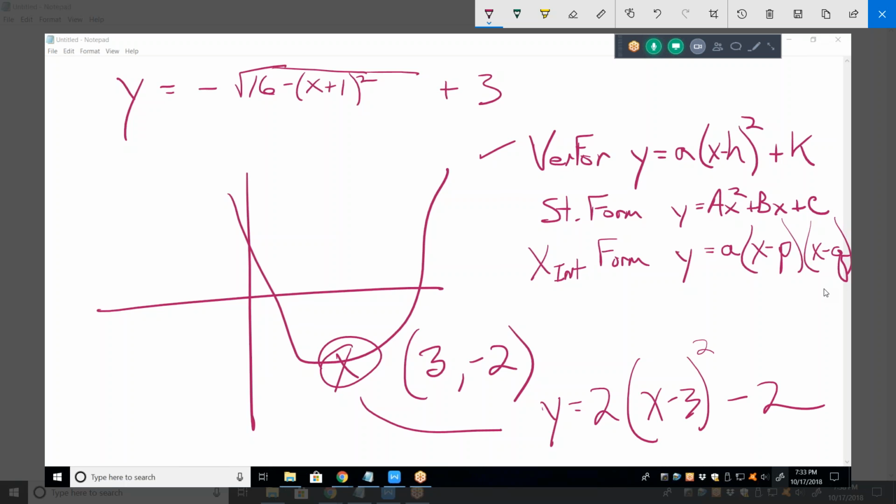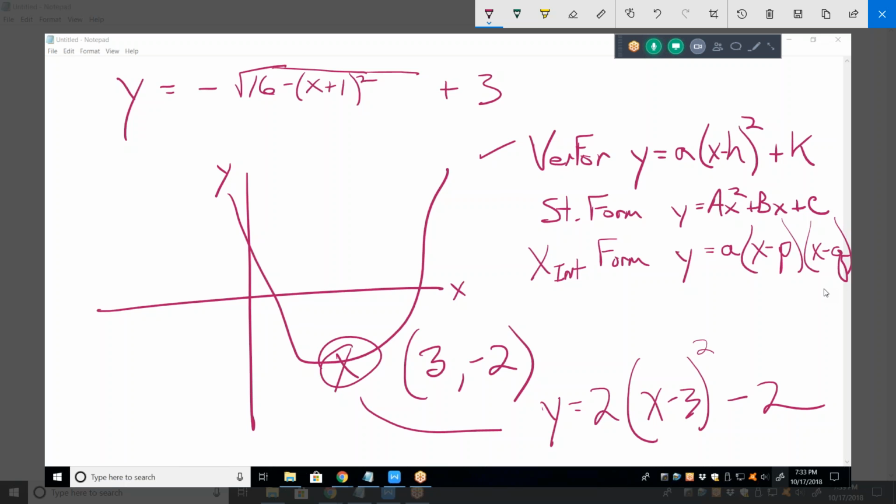And what is the k again? K is the y coordinate of the vertex. Oh, okay. H is the x coordinate. So what is the A? Where did you get the A from? A, remember back to algebra where you had vertical stretch factors?